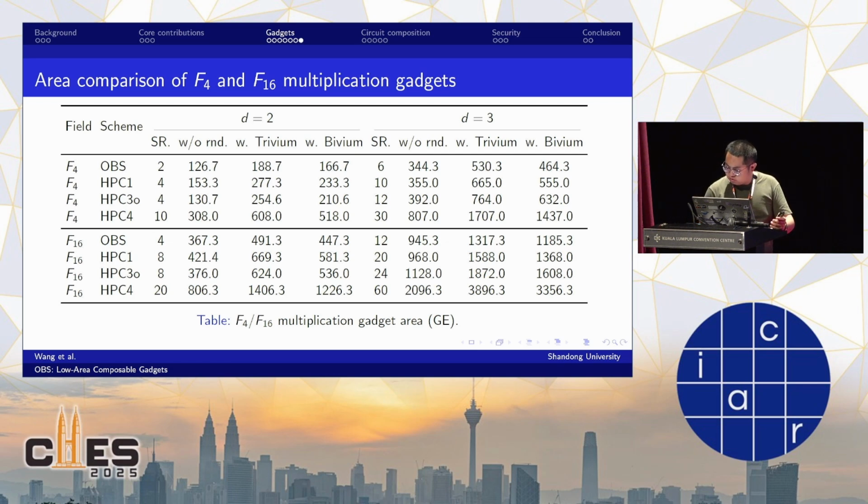If you look at the first row here, OBS has 2 fresh random bits, fresh randomness, random mask. All right. And that's half of the others. Okay. Thank you so much. So let's thank the speaker again.